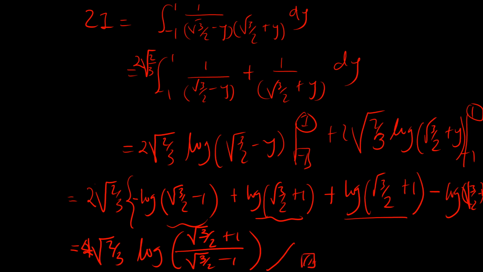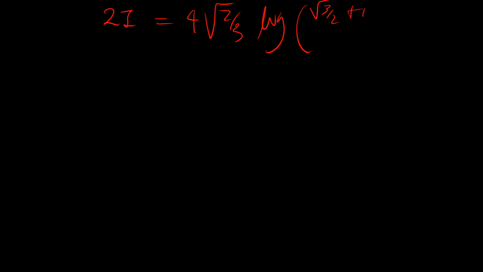Okay, so that's how you'd solve that problem, but since that is 2I, I'm sorry, we might have to continue. So we said our 2I is equal to 2 root 3 natural logarithm of square root of 3 over 2 plus 1 over square root of 3 over 2 minus 1.